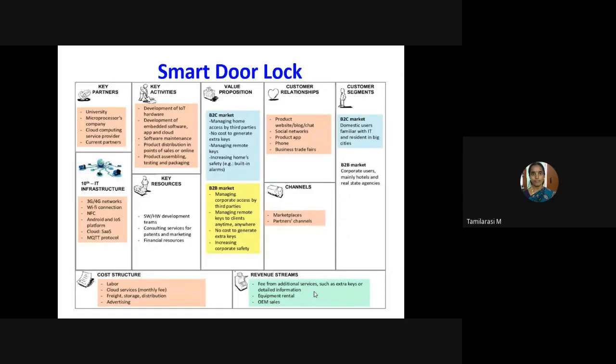I think November 26th is the last date, right? Can we have a review meeting of your business model canvas by tomorrow? Is it comfortable for you? Because some people are having exams and all.